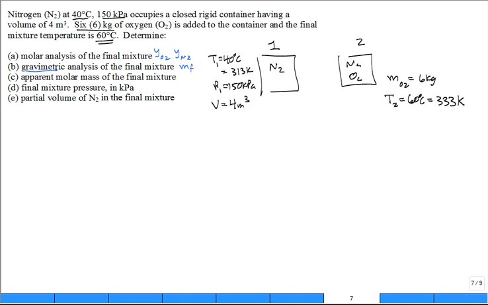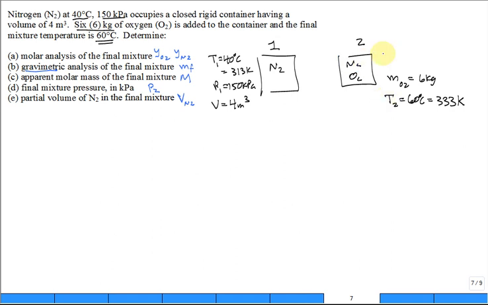The apparent molar mass of the final mixture, cap M. The final mixture pressure, P2, in kilopascal. And the partial volume of N2 in the final mixture, V sub N2. It's as if you could push all the nitrogen to the top. What would this volume be? That's our partial volume concept.